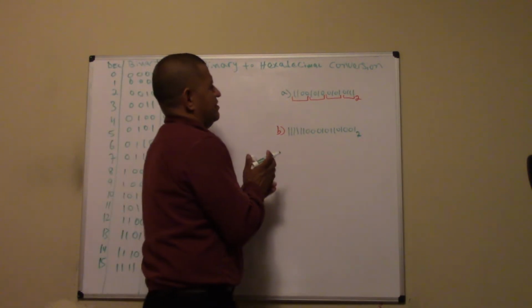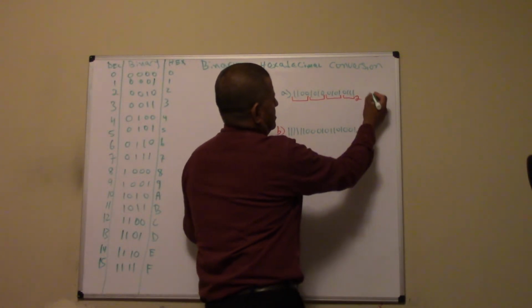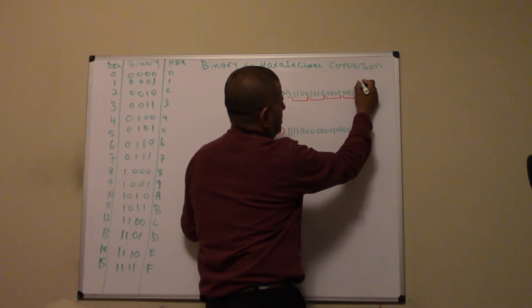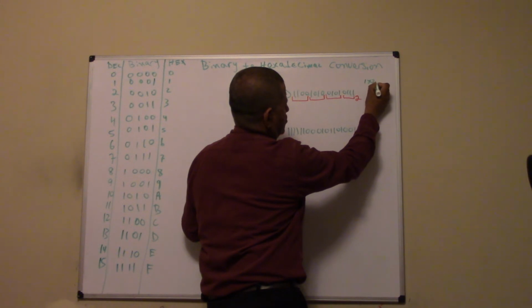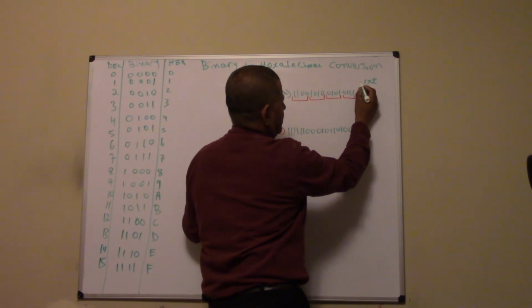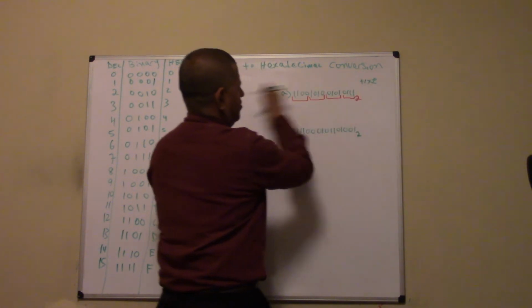So in this case right here, all I have to do is, I know that this is 1 times 2 to the 0 power. And then I put a plus sign because I'm going this way.